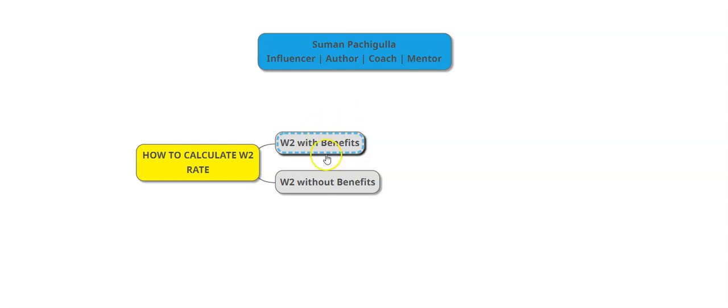When you pitch your rate to the candidate with benefits, it means the candidate is going to buy those insurances and 401k contribution through your company. W2 without benefits is either your company doesn't have any benefits or the candidate doesn't want to opt for any benefit.